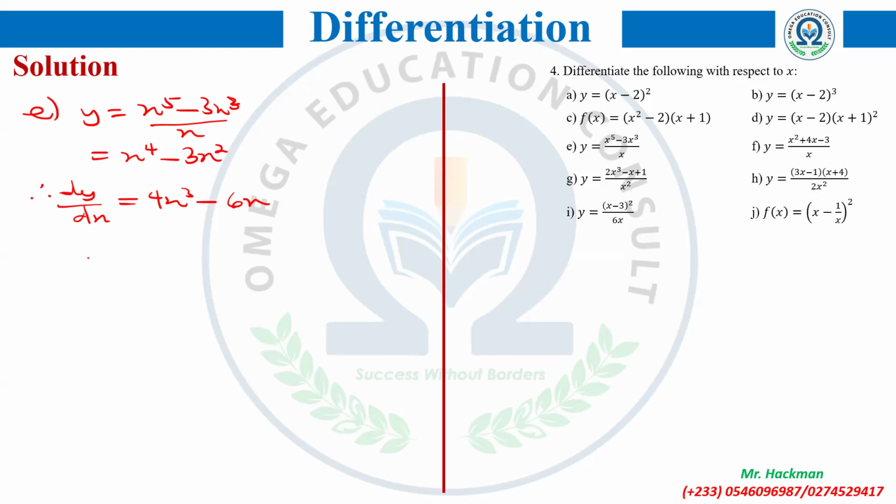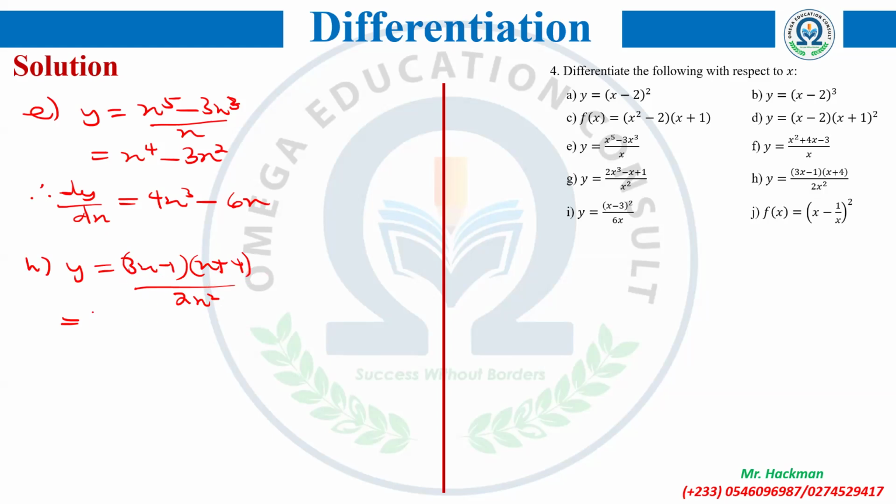So what you are supposed to do is, let me deal with h. y is equal to (3x minus 1) times (x plus 4) all over 2x squared. So I have to go and expand my numerator, because I want to avoid the product rule and quotient rule.